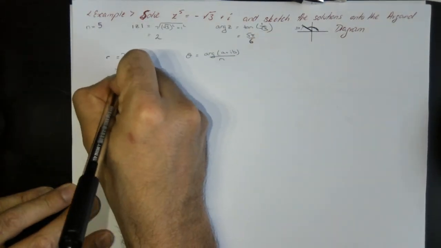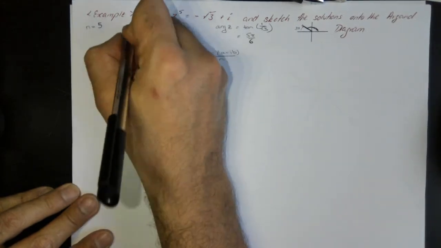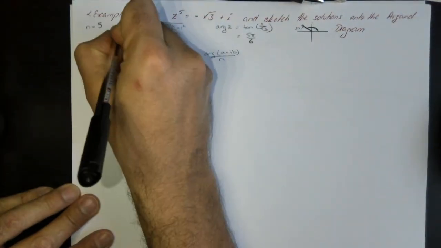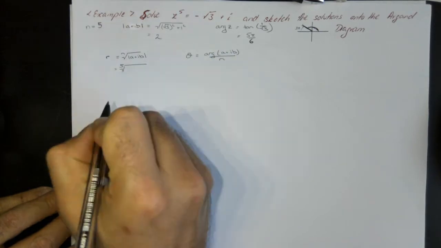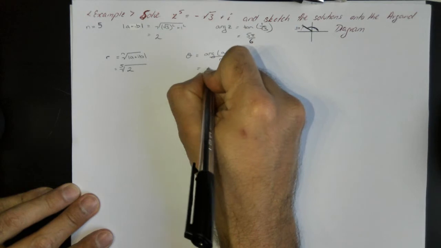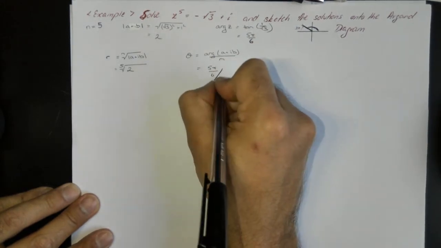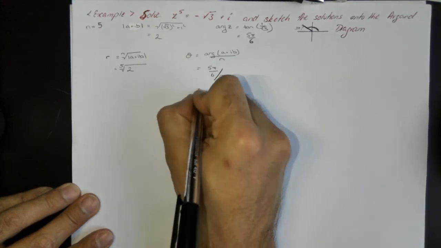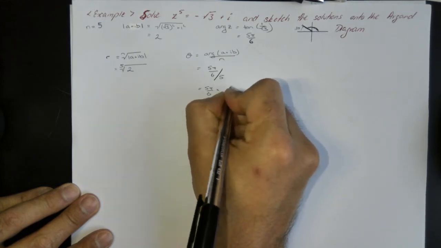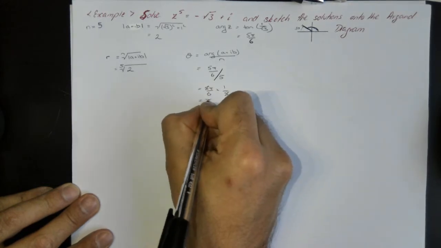So in this situation, n's 5, and the modulus is 2. Now my argument is 5 pi on 6 divided by n, which is 5. And that works out to be 5 pi on 6 times 1 over 5. That cancels, leaving me pi on 6.